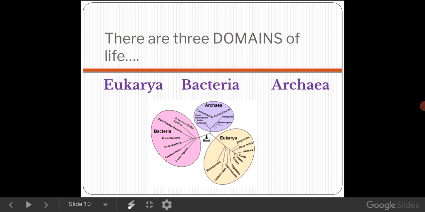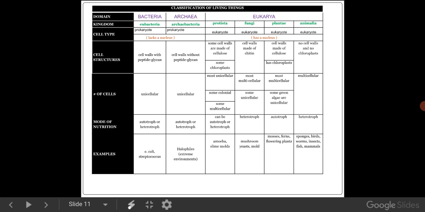There are three domains of life. There's eukarya, bacteria, and archaea. And this chart sort of breaks down and gives you several examples of the different domains, kingdoms, cell types. I'll read down the first layer here.